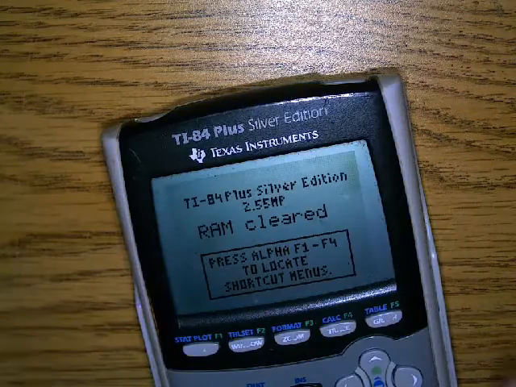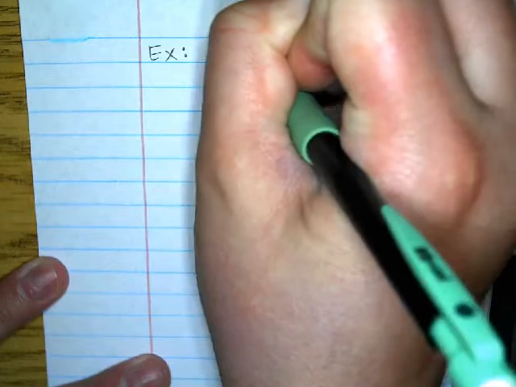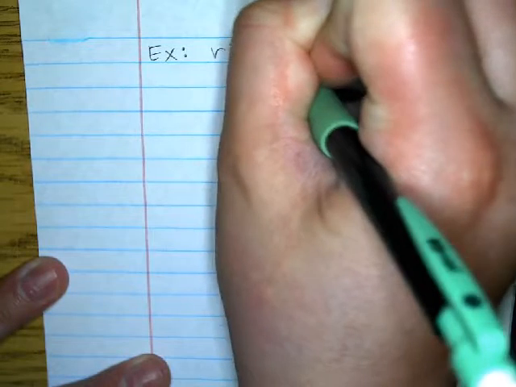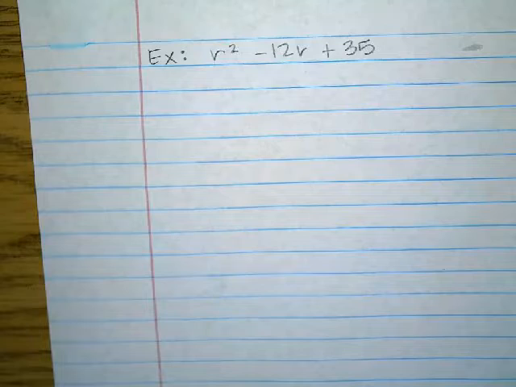There we go. Your calculator should look like that, and it's all cleared now. Okay, so let's do r squared minus 12r plus 35.